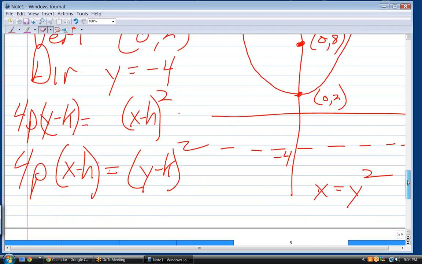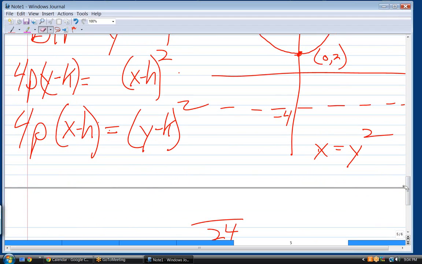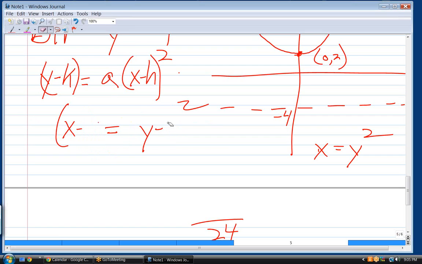Yeah, this 4p is a little confusing. In other words, not every school system actually has this as the general format. Some use the standard general format, y equals a times x squared, and then they tell you that a equals 1 over 4p. So you can still solve for the focus, but now the focus is equal to 1 over 4a.